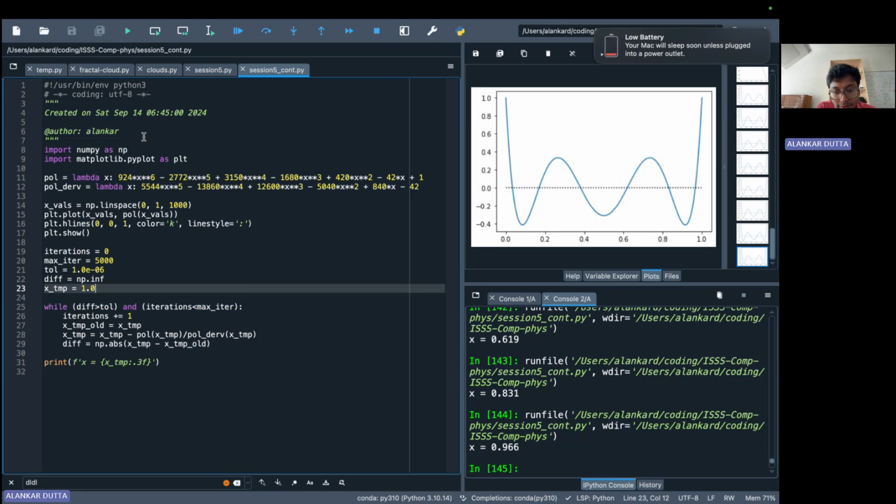So I hope that this is clear. If not, then please ask. This was fairly a simple problem, in my opinion, compared to what we were doing previously.